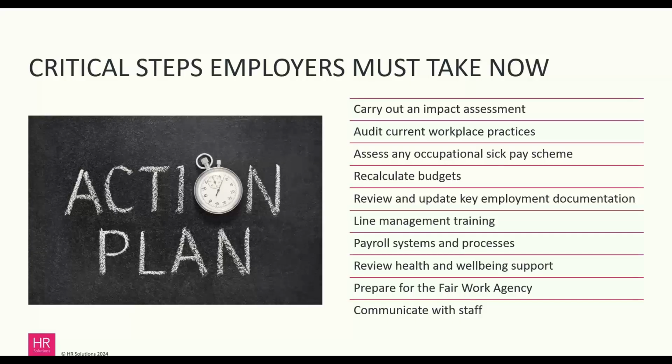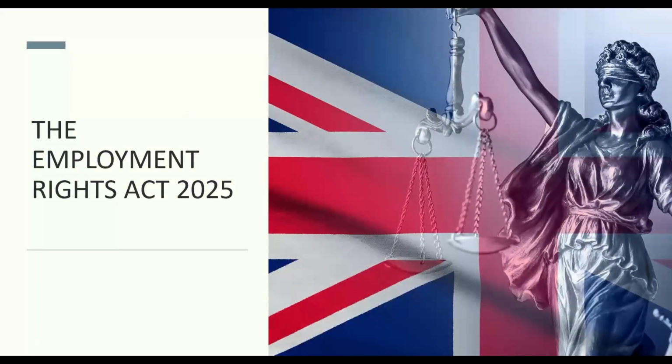But what I thought I would do now is flag what the latest is in regards to the Employment Rights Act of 2025. Whilst this is a massive change, SSP is just one of many. SSP is coming in April, but so are, I think, 8 or 9 other reforms, and then we've got October, and then next year.